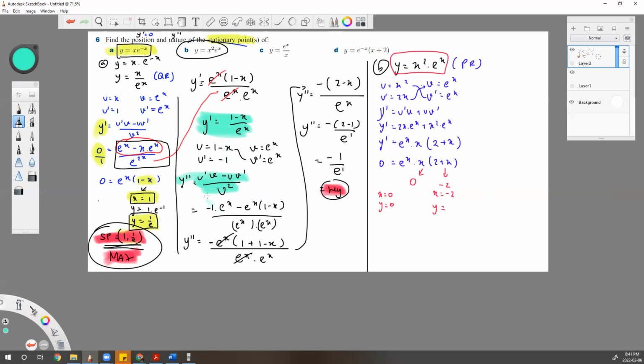And then after you get the most basic version of the second derivative, you need to insert the value of x that we got. Put in x equals 1, right? And then the sign is negative, because -1 over something over e is negative. If it is negative, it means it has to be maximum. So this is the answer. Get it, Tedra?